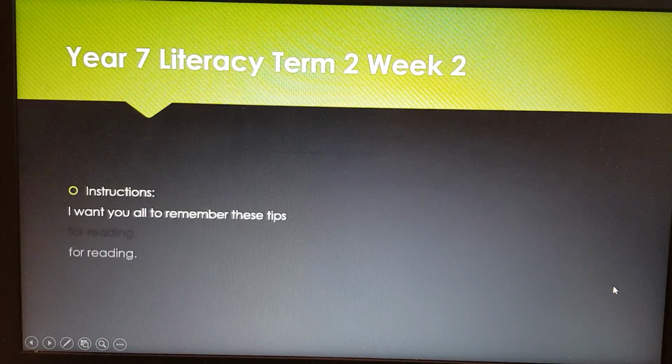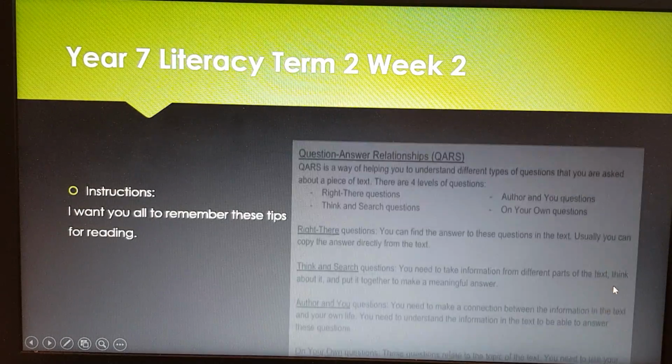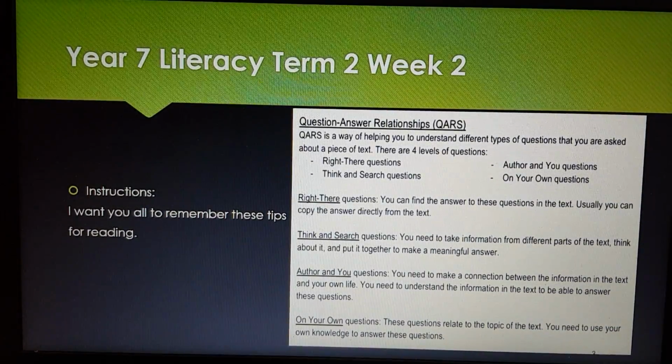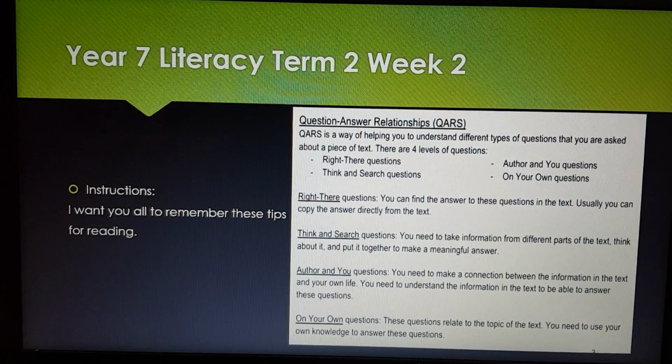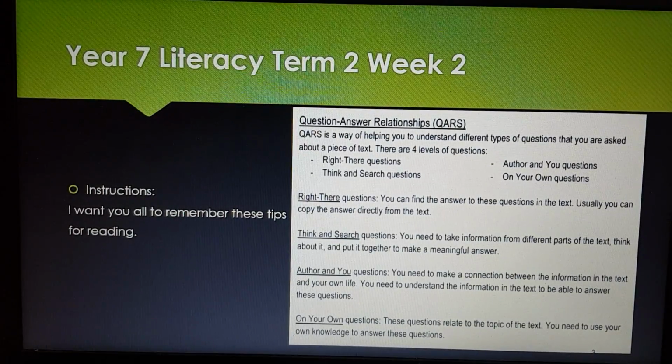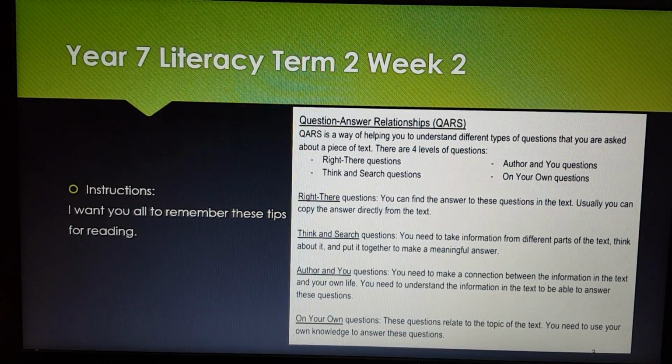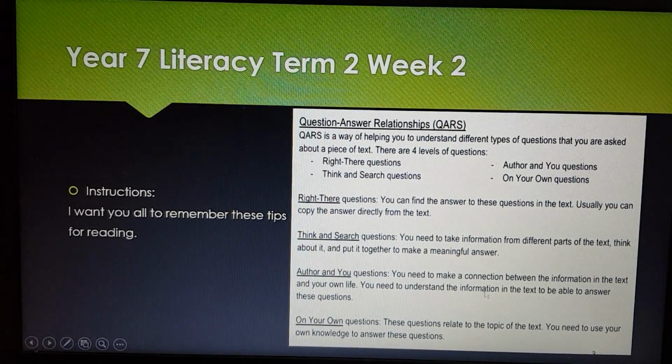Okay, so here we go. I want you to remember these tips for reading. These are the question-answer relationships. The QARs are a way of helping you to understand different types of questions that you are asked about a piece of text. There are 4 levels of questions.